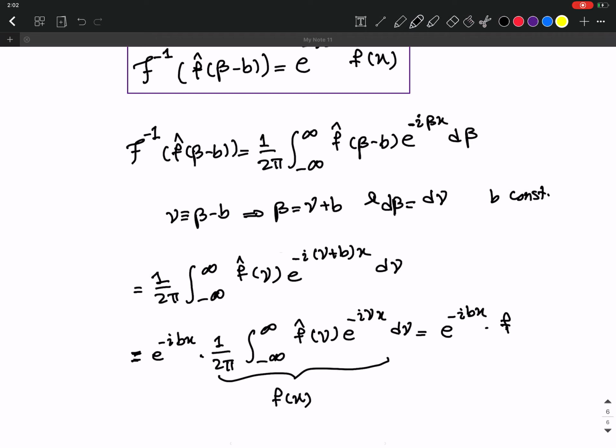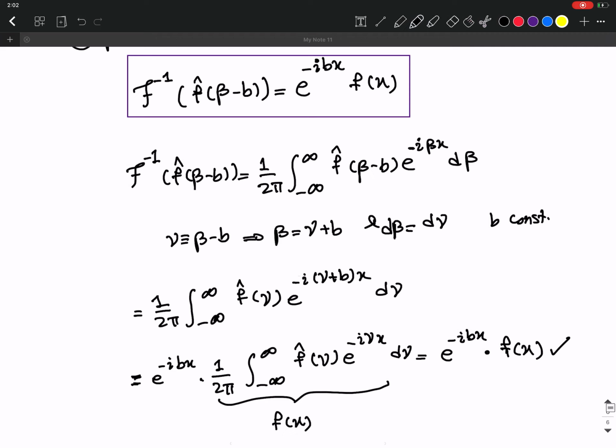And this is gonna prove our claim here, that for a shift in the beta space or frequency space, we just need to multiply by e to the minus i b x in the regular space.